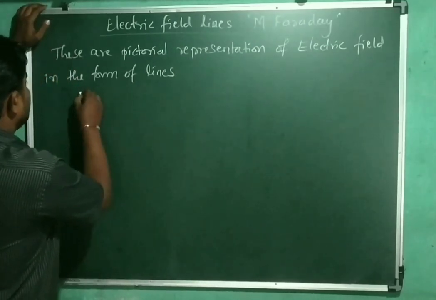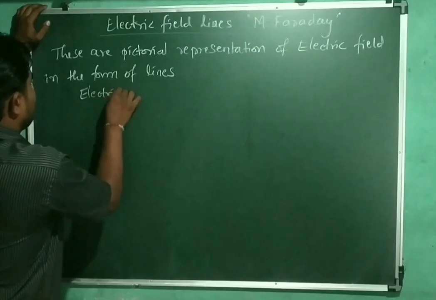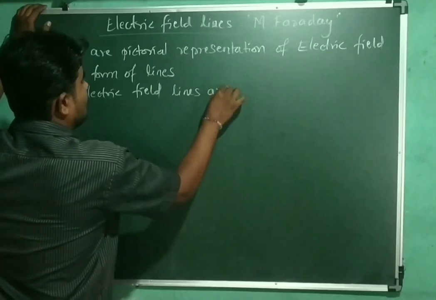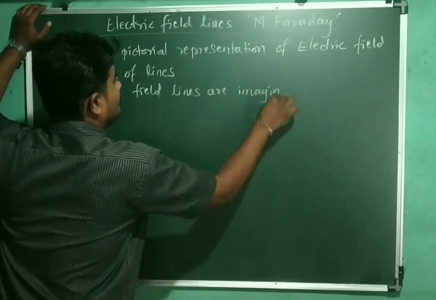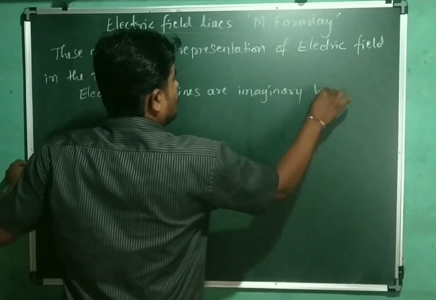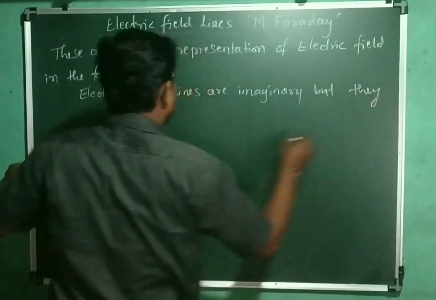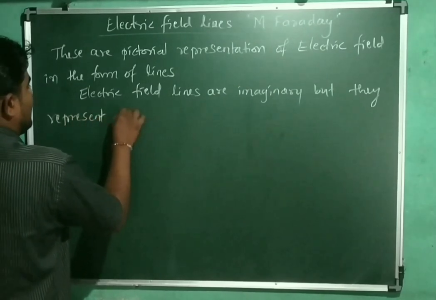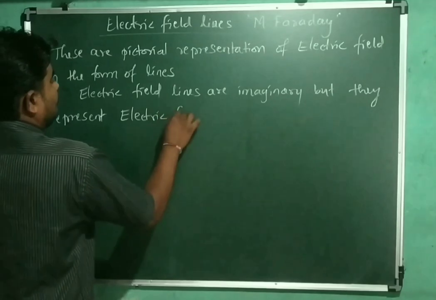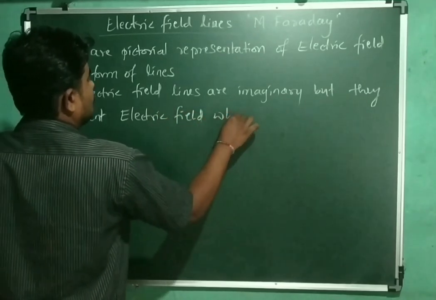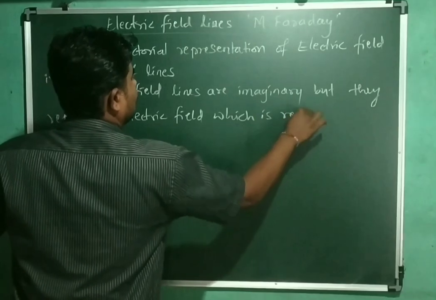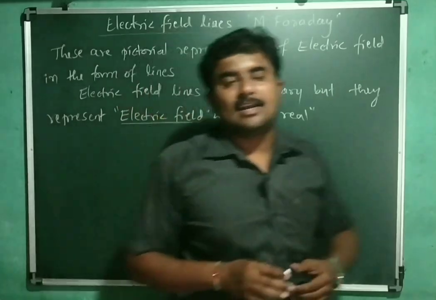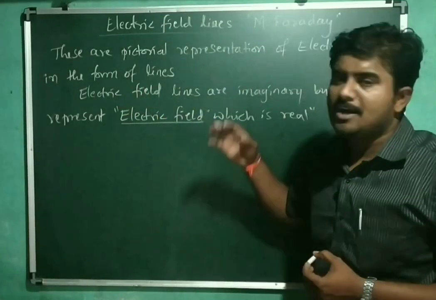Electric field lines are imaginary, but they represent electric field which is real. So to understand electric field lines in a better way, we shall start the properties.